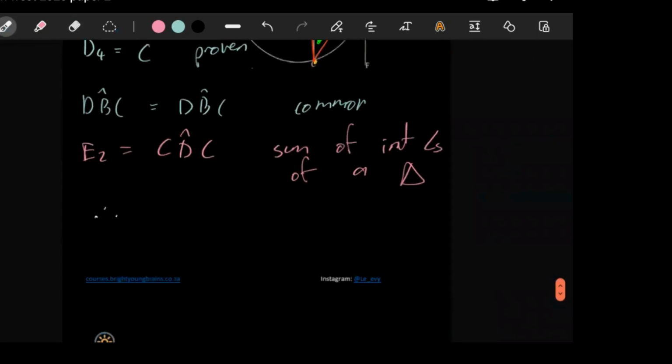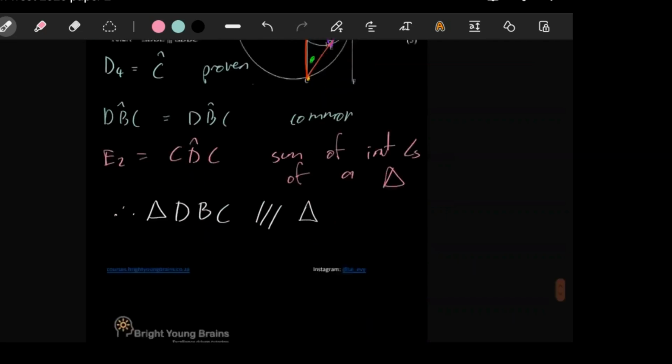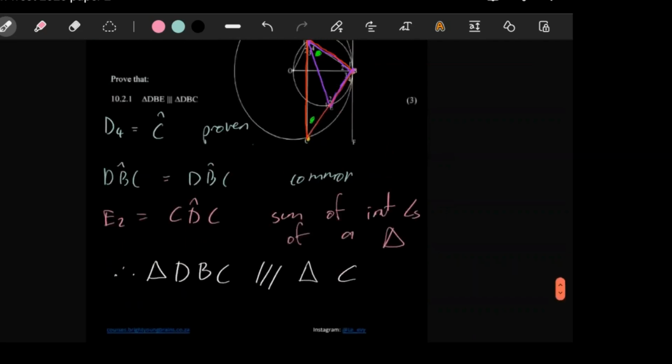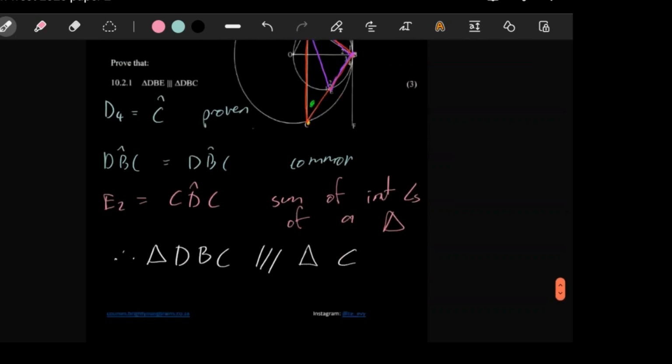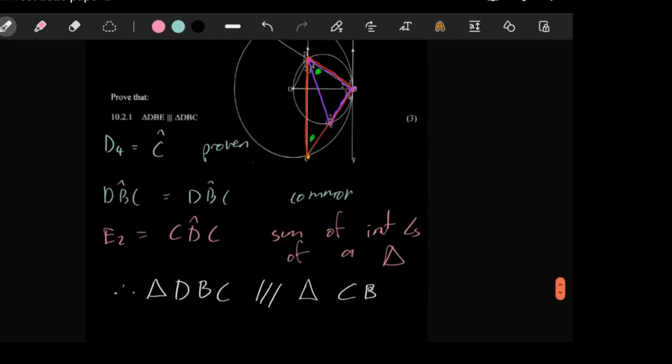So here we can say, therefore, triangle DBC is similar to triangle, so say here we started with the D for the other one, right? This one, it looks like we proved that the D here is equal to the C there. So we might as well start with the C for this one. B was a common angle for both. So where there's the B for this one, we can put a B for this one as well. So meaning this one, we can just call it CBD.